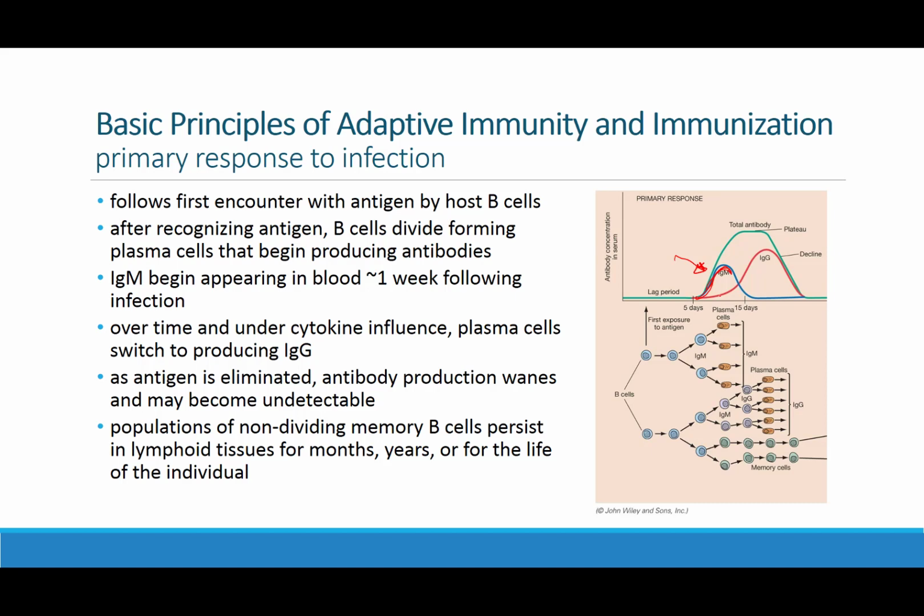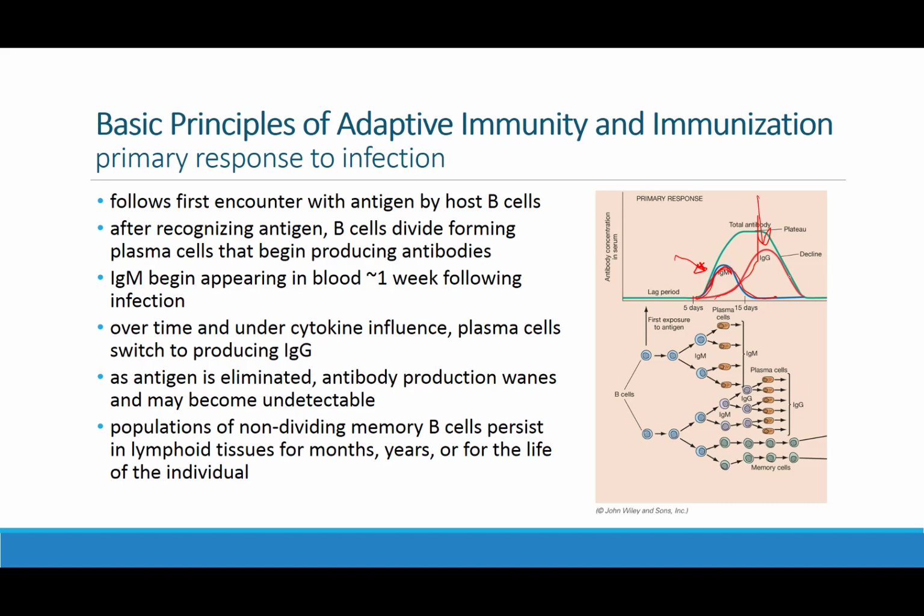But over time, there's a shift, a decrease in the production of IgM as that goes down, and then IgG picks up. And so here we see this peak in IgG that occurs sometime at about 20 days, give or take. And it's that IgG peak that generally stimulates healing from the antigen.